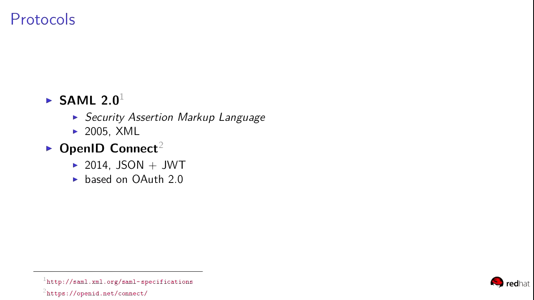OpenID Connect is a much more recent standard. It was finalized only a few years ago. It's based on OAuth 2, which is an authorization protocol. OpenID Connect is an authentication layer on top of OAuth 2. The messages are JSON, and the identity assertion payload is what's called a JWT, or a JSON Web Token, which is a cryptographically verifiable assertion that contains the user's essential information.